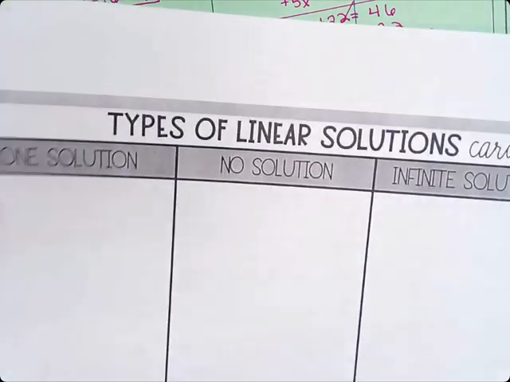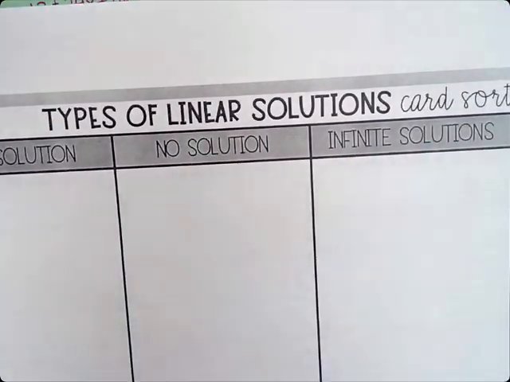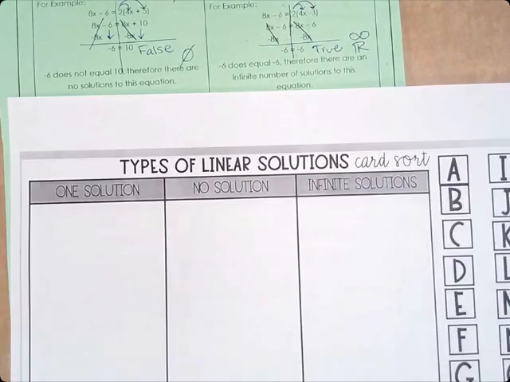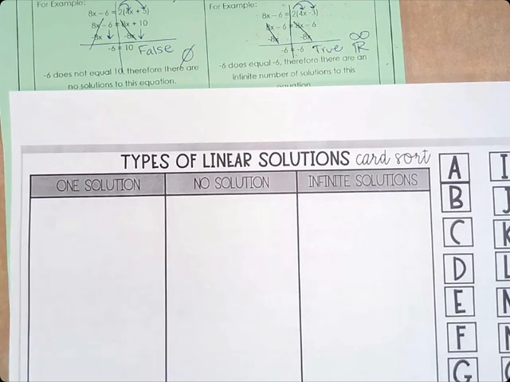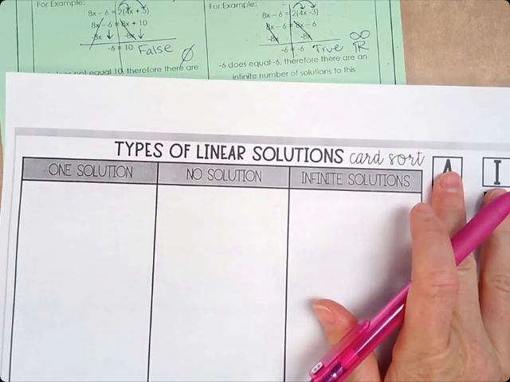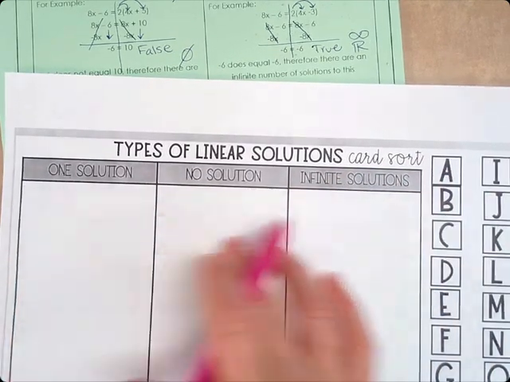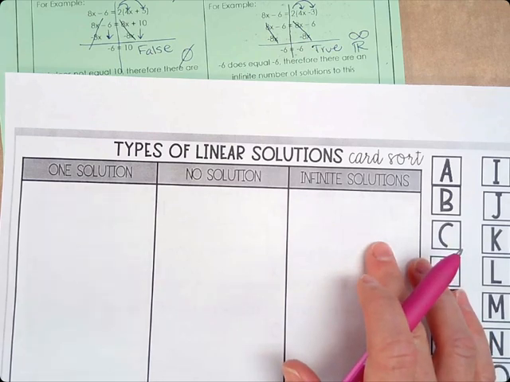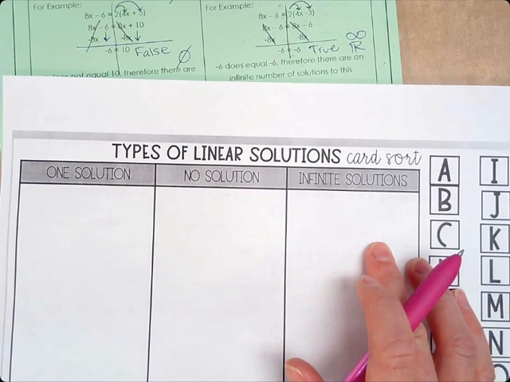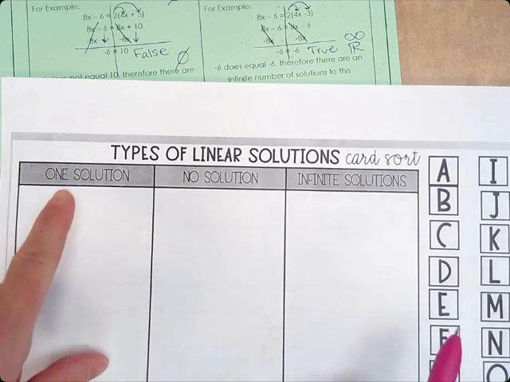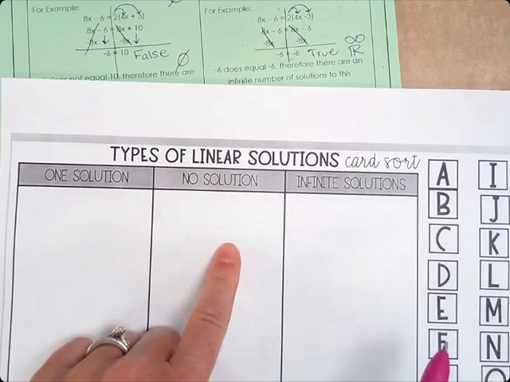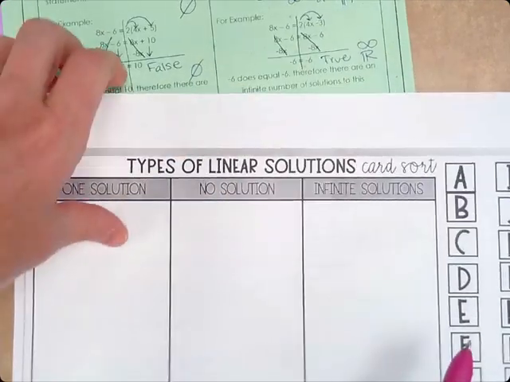After you finish, you're not going to type because this was a Google Slides worksheet. You're going to write the letter that corresponds to the type of solution that it is. So if it's one solution, you'll put that here. If it's no solution here, infinite solutions here.